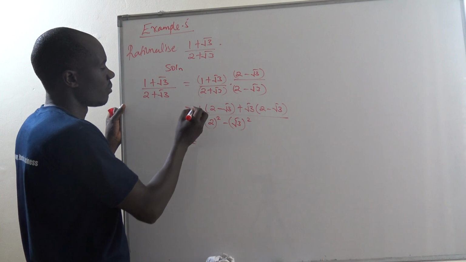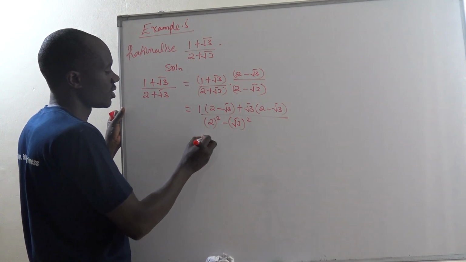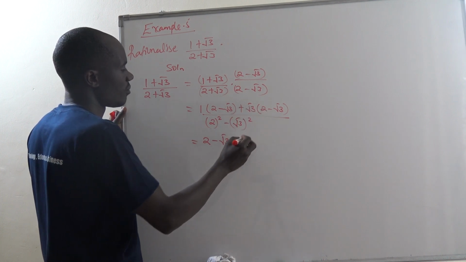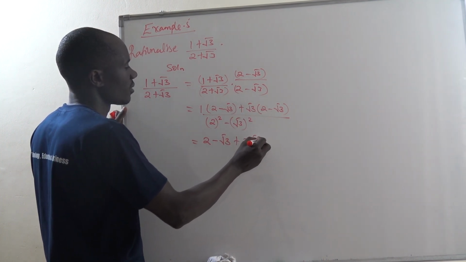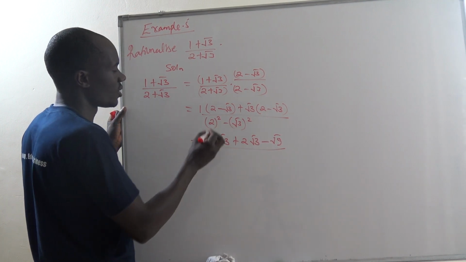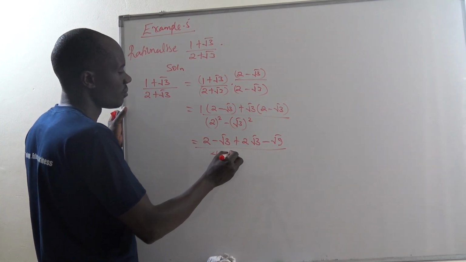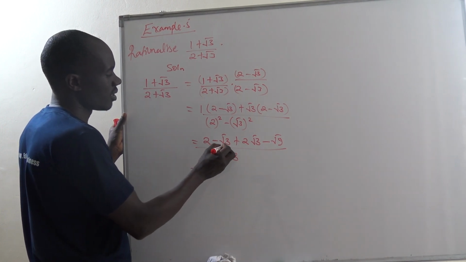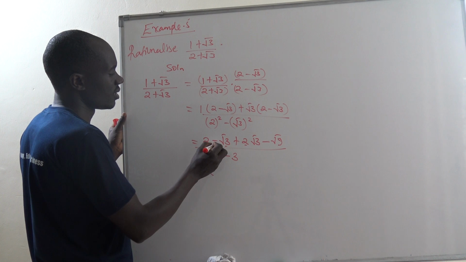So what does it become? 1 times 2 you get 2, minus root 3, plus root 3 times 2 you are getting 2 root 3, minus root 9, all over, what is 2 squared? You are getting 4 minus 3. We go ahead, this is 1. Then here you can see an element of this and this.